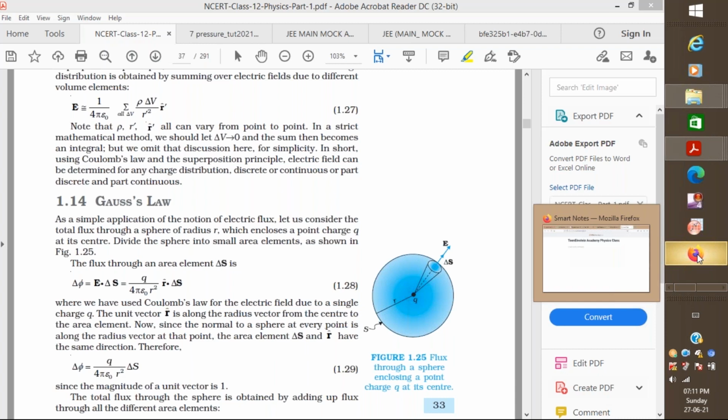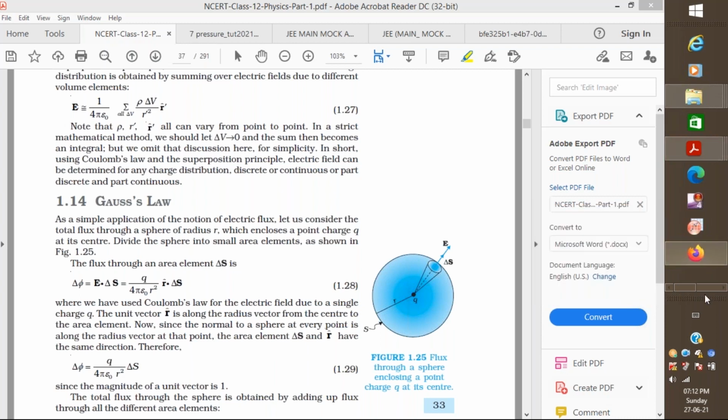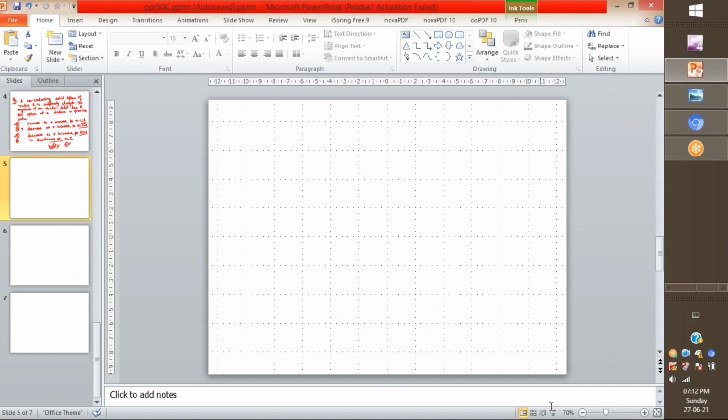Suppose you have a point charge Q at a distance d by 2 directly above the center of a square of side D. So I have a square of side D, all sides are D, and a point charge Q directly above it.